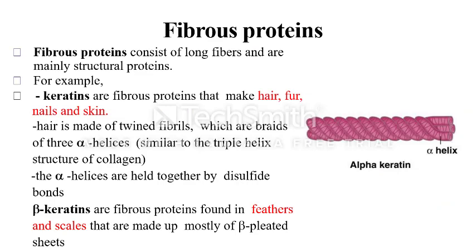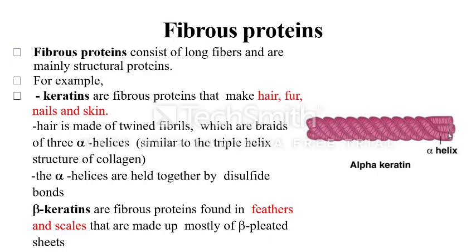So then another form of tertiary structure is fibrous protein. Fibrous protein consists of long fibers. You see here the long fibers. These are basically long fibers and are mainly structural proteins. For example, keratins are fibrous proteins that make hair, fur, nail, and skin. Hair is made of twinned fibrils, which are braids of three alpha helices, 1, 2, and 3, similar to the triple helix structure of collagen.